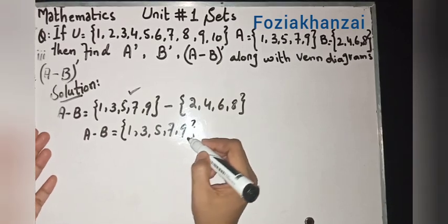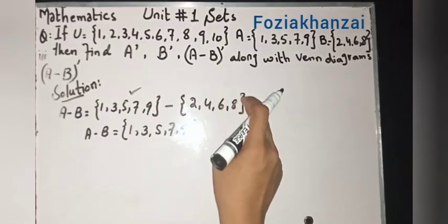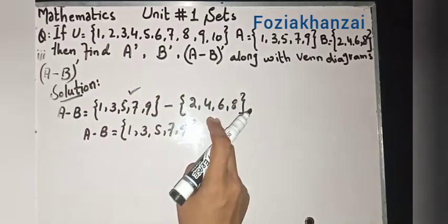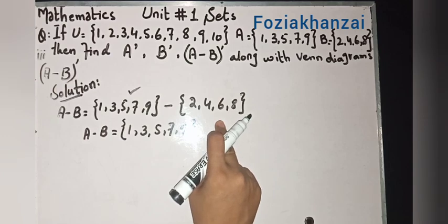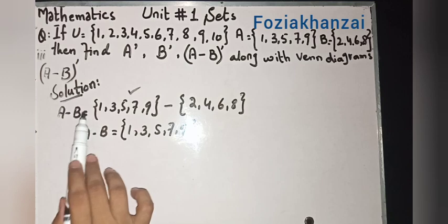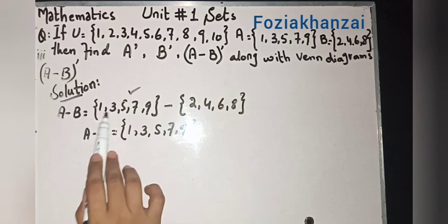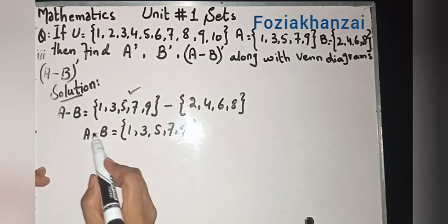Students of class 8, the method of A difference B: first we cut the same element, but there is no common element in both the sets. We have different elements, it means it's a kind of disjoint set. So elements of set A would be the answer of A difference B. Clear?